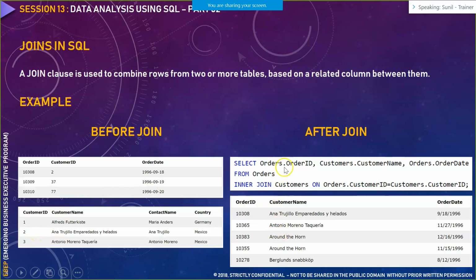Basis on that, it would return all the information from those two tables: order ID, customer name, and order date. Customer name is something we got from the customer table, and order ID and order date are something we got from the order table. So this way we have joined both the tables, but to the user it looks as if it's a single table, but it's not a single table, it's a combination of two tables.